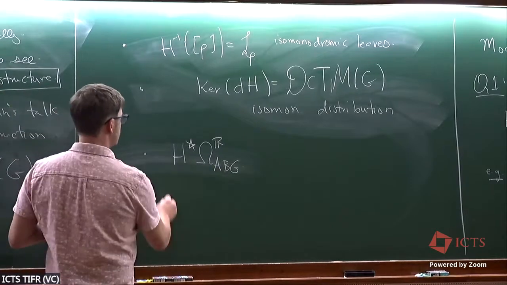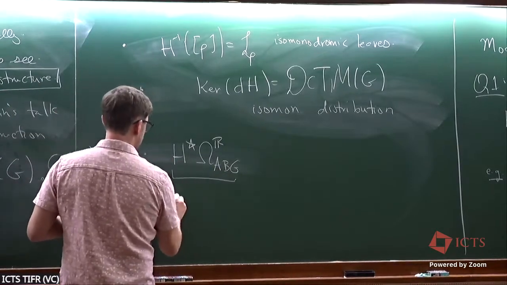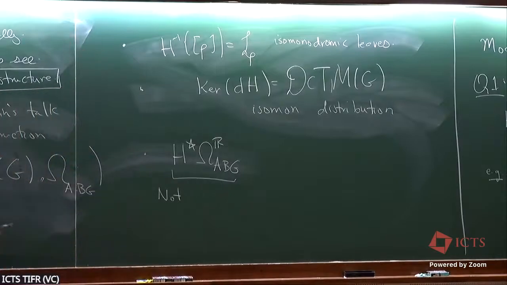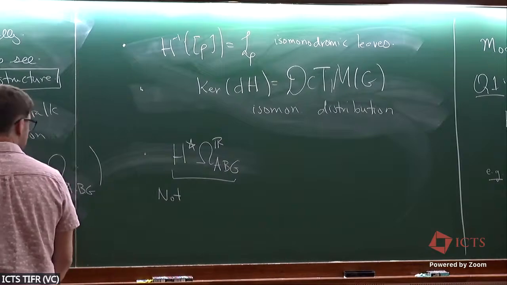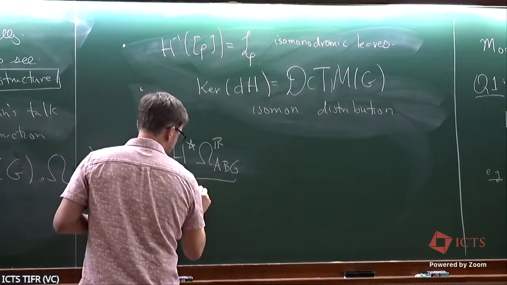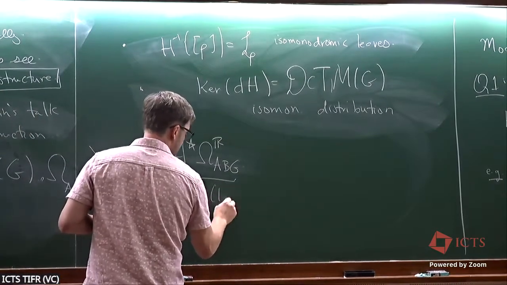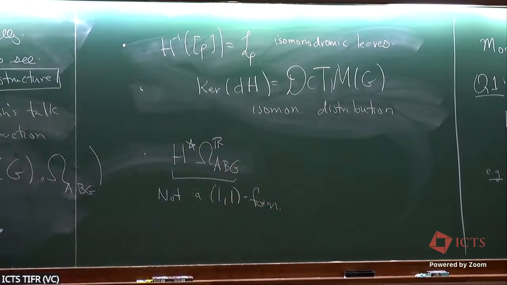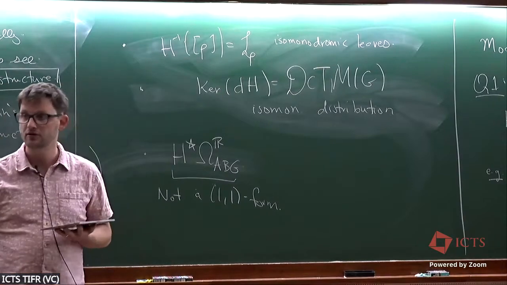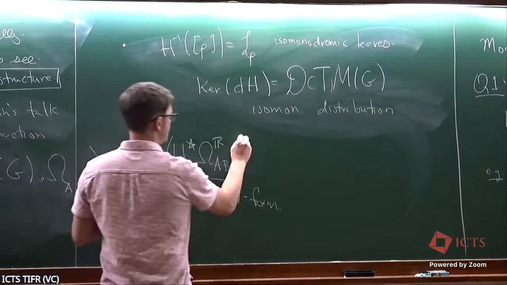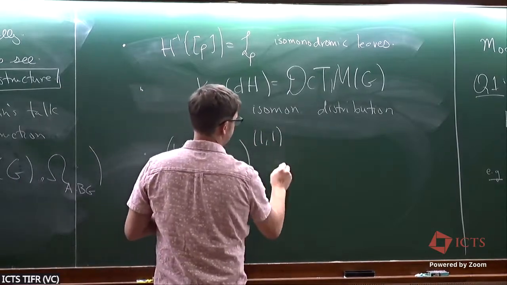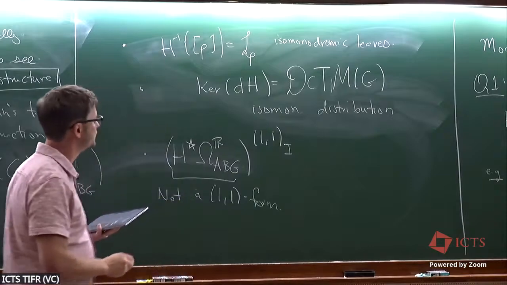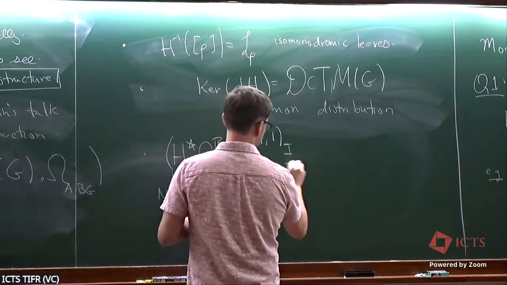But a problem is that it's of type (1,1) in the fiber directions, but with respect to this natural complex structure, it's not a (1,1) form. So now it's closed and it has nice properties, but it's not (1,1). So you take its (1,1) part with respect to that complex structure. This is the definition of omega naught.